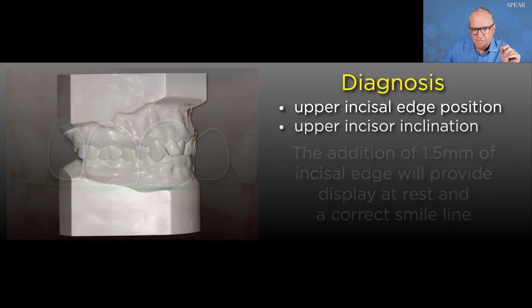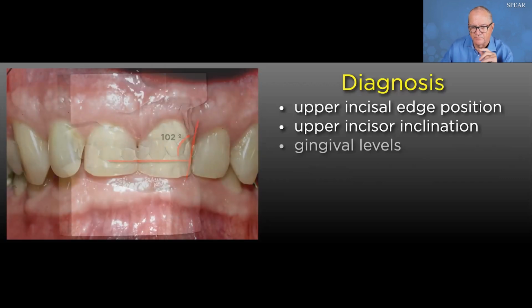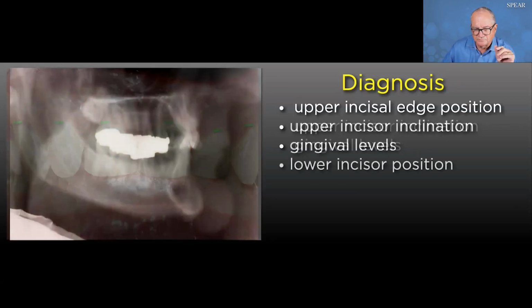Right? The upper incisor inclination, it's the opposite of the previous patient. They're way retroclined, like way retroclined. So yes, they need to be brought forward. Gingival levels, they're not bad, but since you're going to be moving the anterior teeth, they're going to improve anyway.